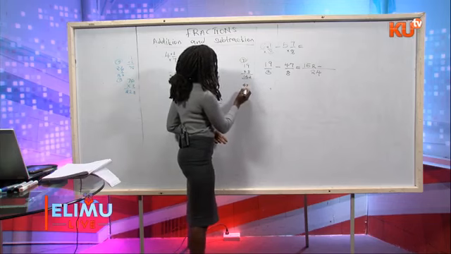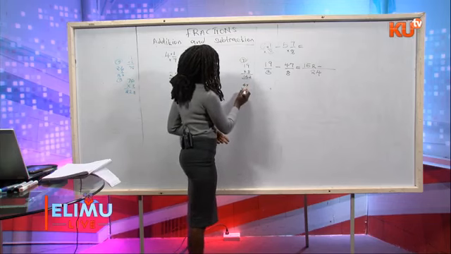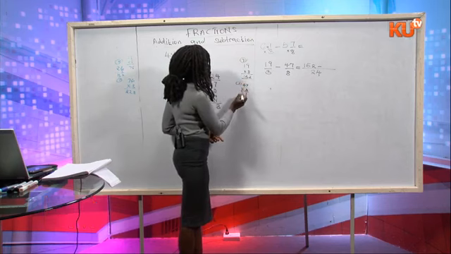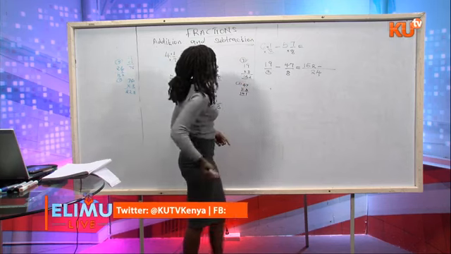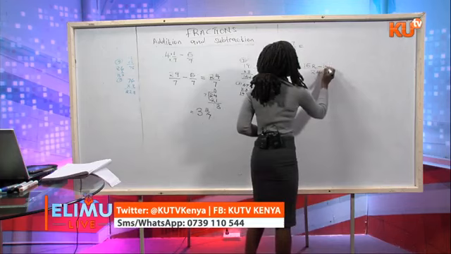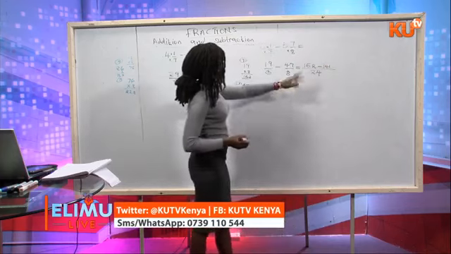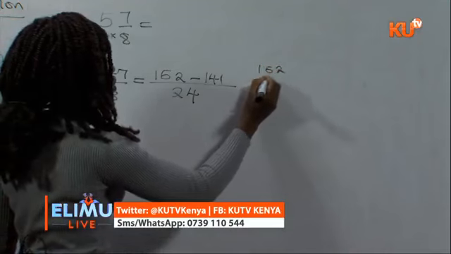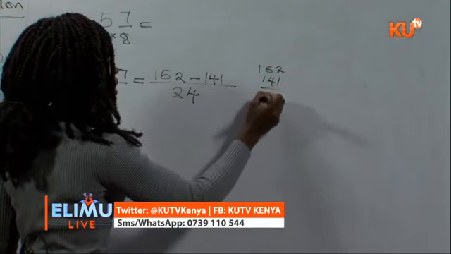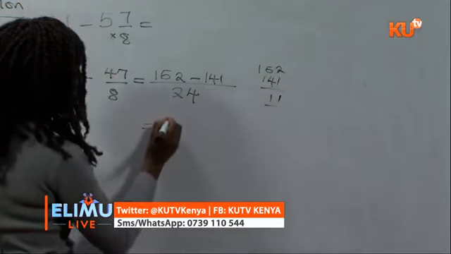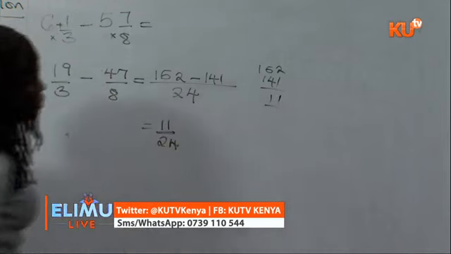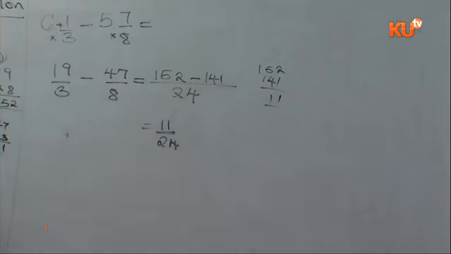Then 47 times 3, we get 141. Then 152 take away 141, we get 11. 11 out of 24. So 11 parts out of 24 parts. That is our answer.